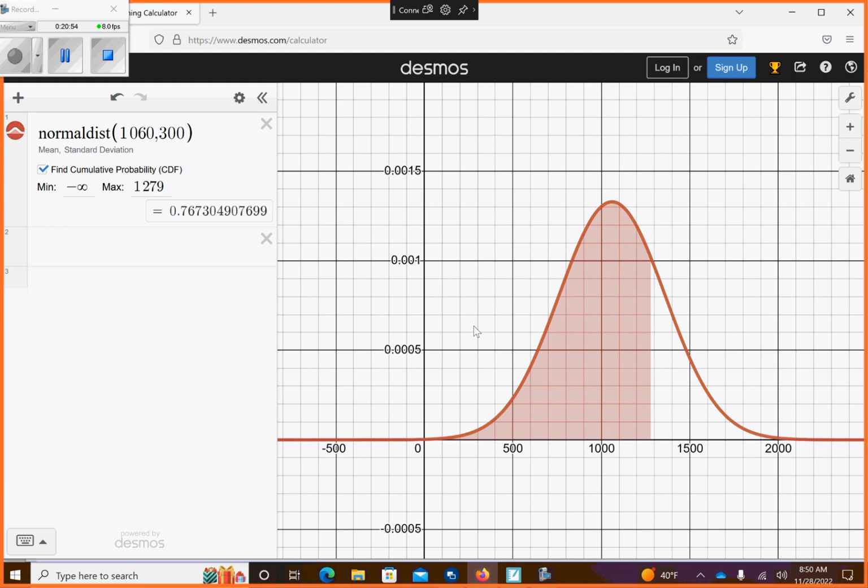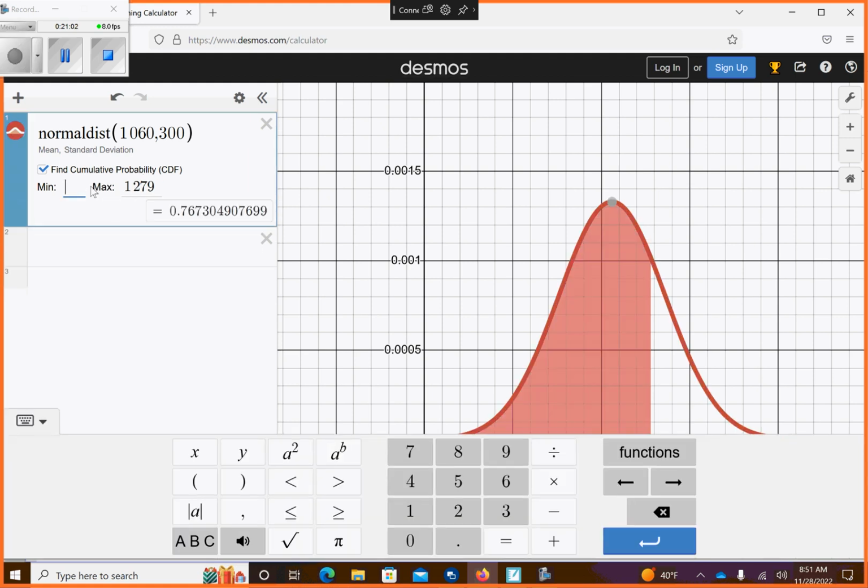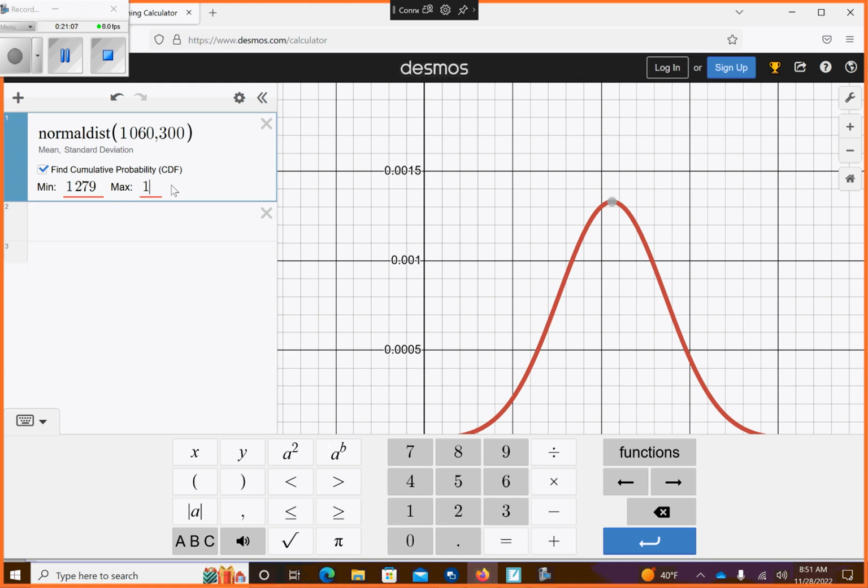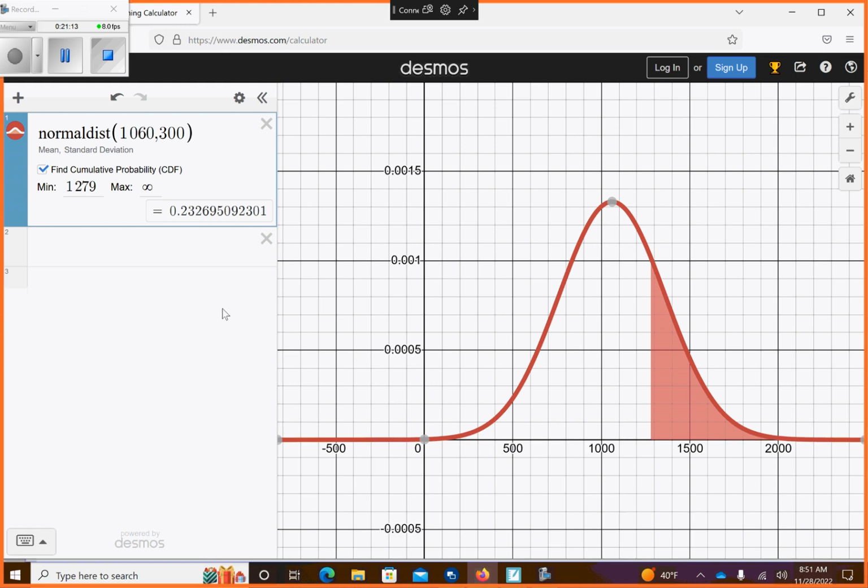You could go 1 minus 0.767, which is pretty easy to do, or you can just flip-flop it and say, I want this one over here to be 1279, and I want to go to infinity. I want to know what percent did better than me. And that means 23.3% of the population did better than I actually scored on the ACT.